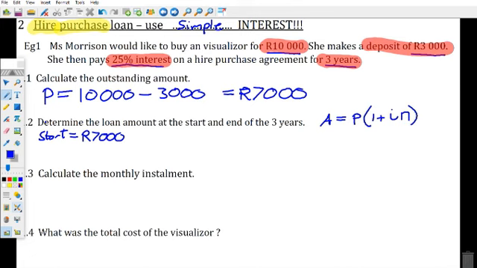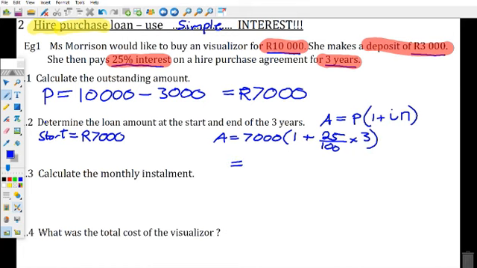The N is years. The R is 25 over 100. So we're going to put it in our formula. We want to see how much A is after the 3 years. So A is equal to 7,000 multiplied by 1 plus the interest rate of 25 over 100, 25%, multiplied by, how long was it? 3.